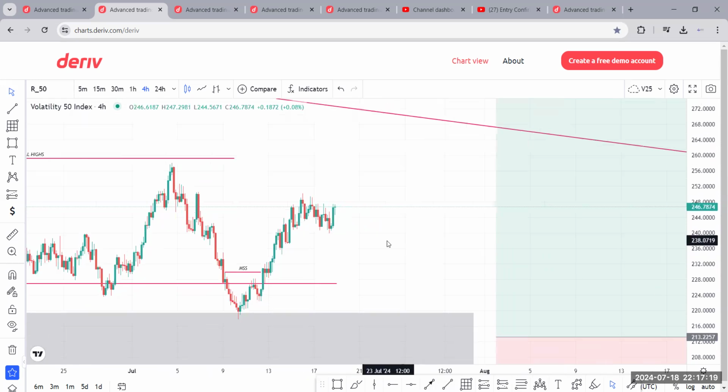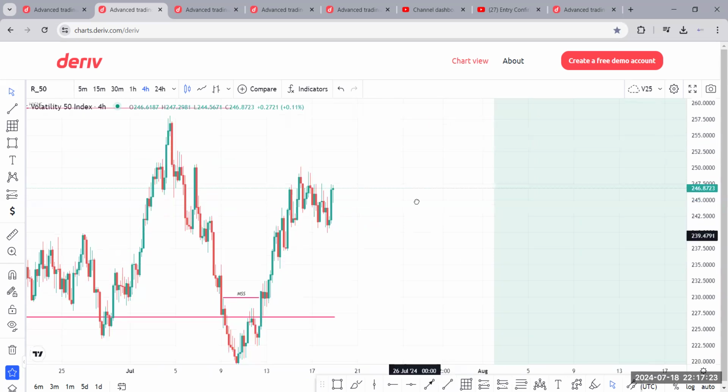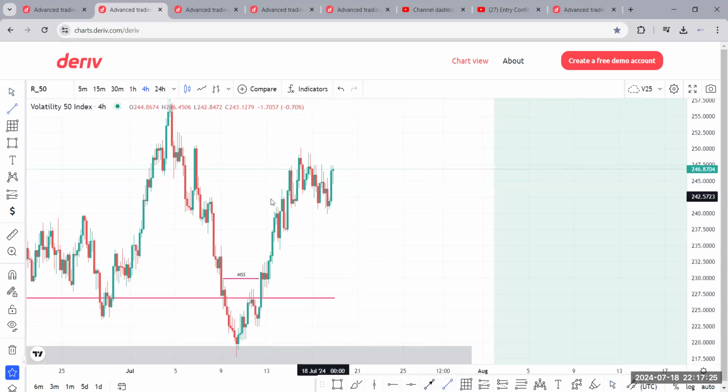So what can we find here? What opportunities can we find here? We keep breaking structure to the upside. Here, there was a break to the upside. And here we had a break to the downside. All right.